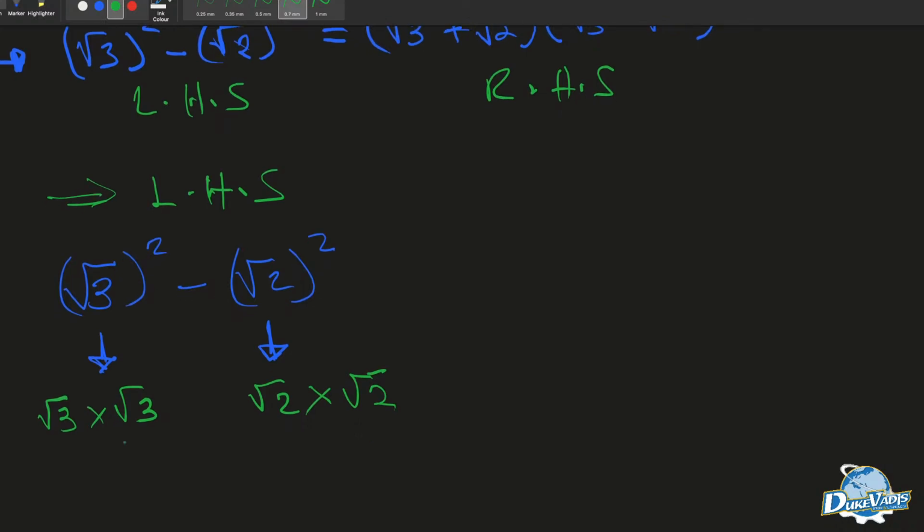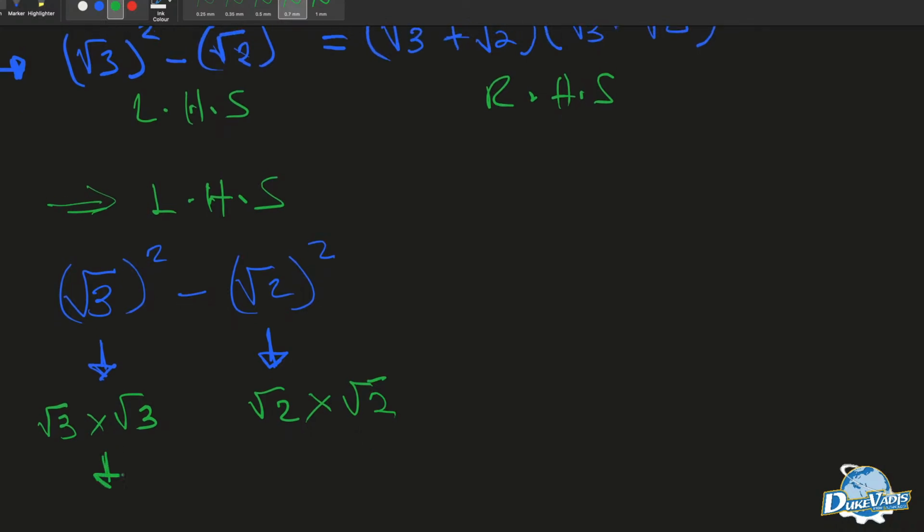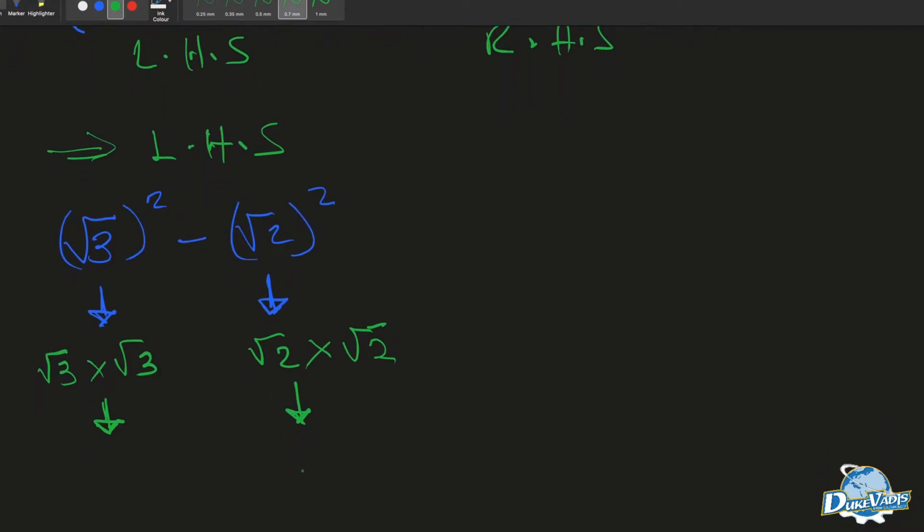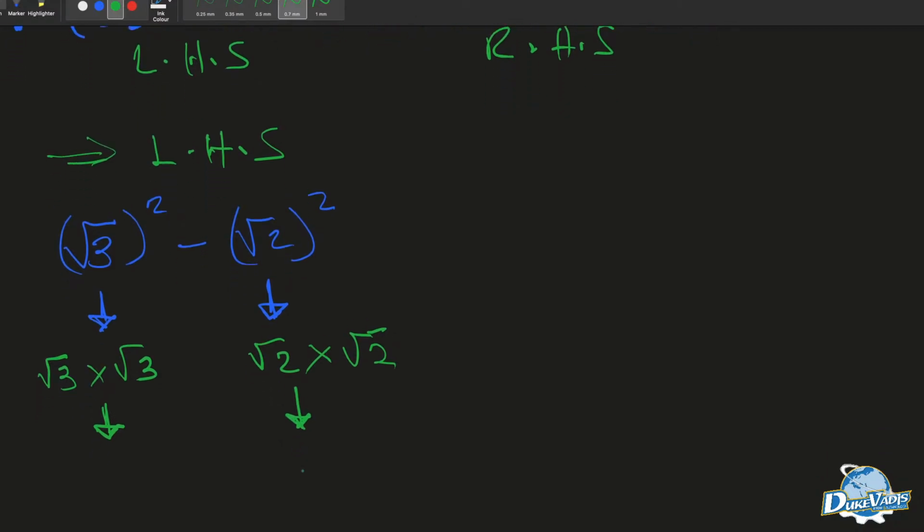We know that when identical surds of the same value are multiplied by themselves, we get the number itself. Since it's a subtraction, we put a bracket around it so that it will be easy for us.